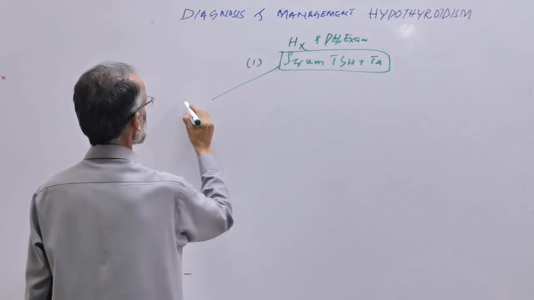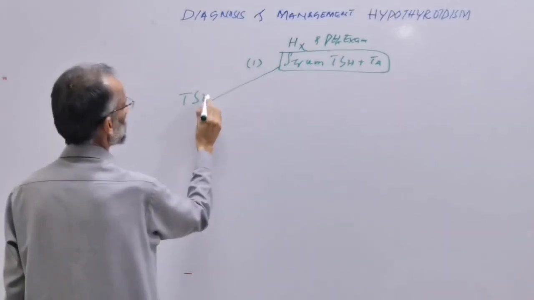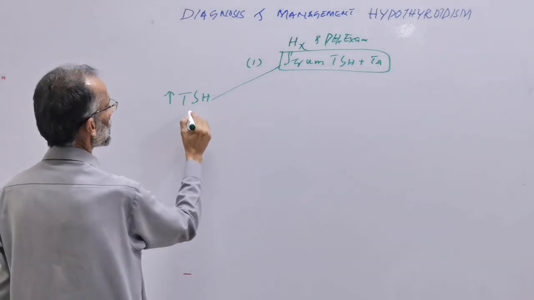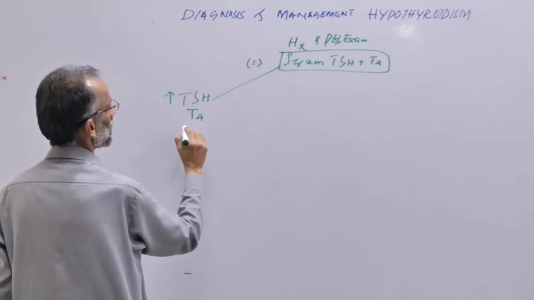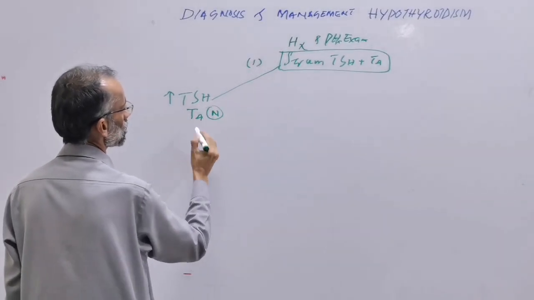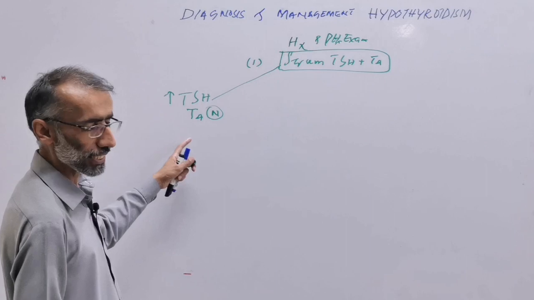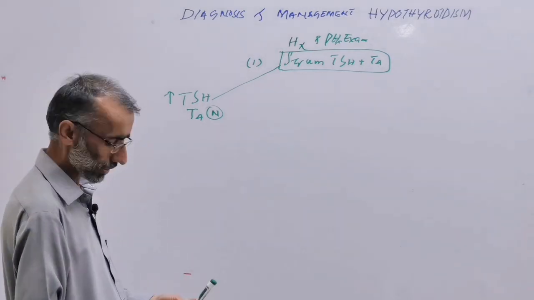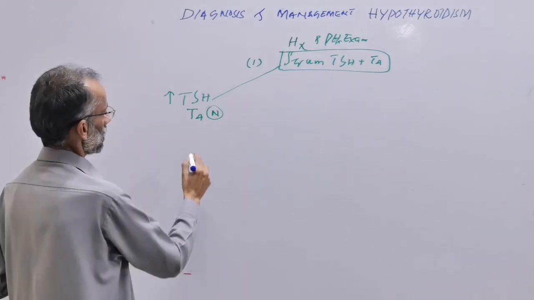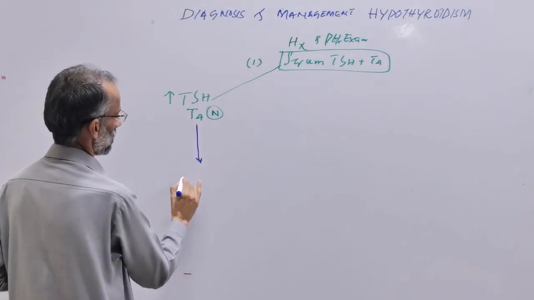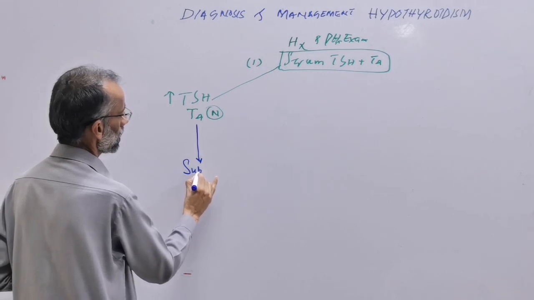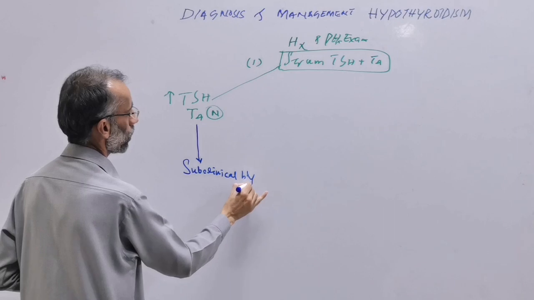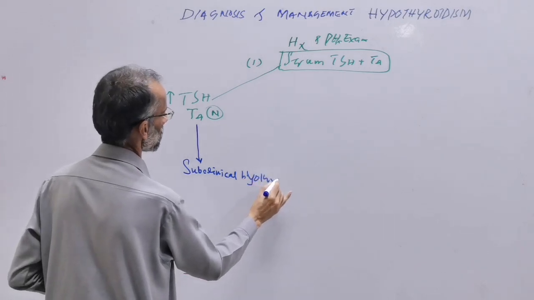If serum TSH is elevated and serum T4 is normal, this is called subclinical hypothyroidism.